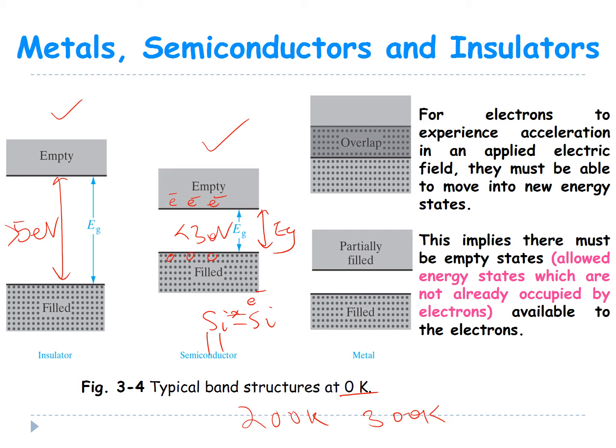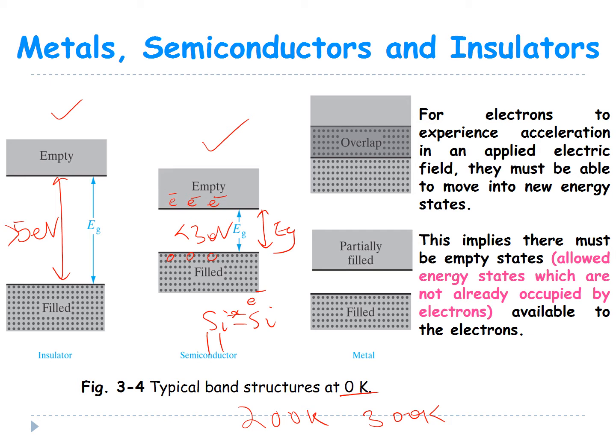So a semiconductor is something that can be made to conduct or to insulate, depending on the application. The fact that we can control its conductivity, we can actually use it in making electrical devices. We'll look at this later as we move through the chapter.